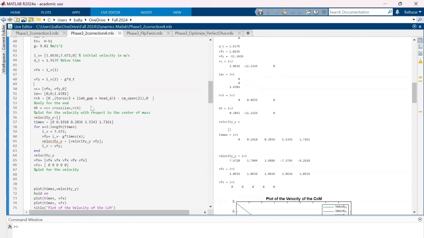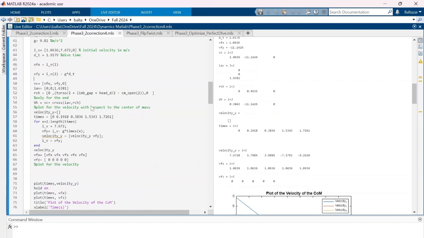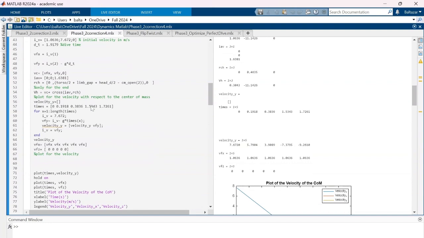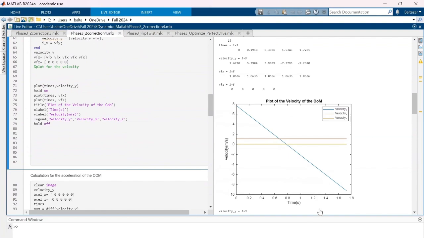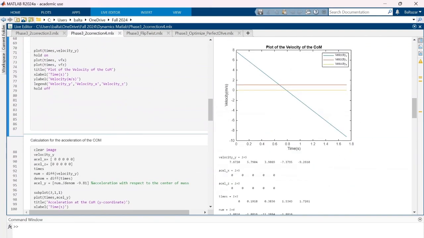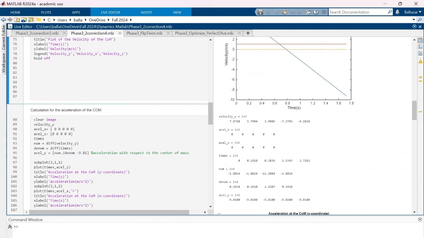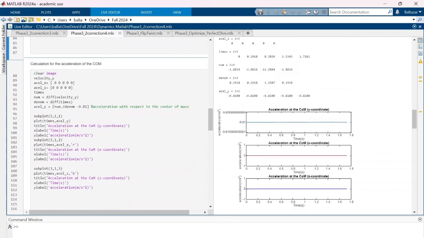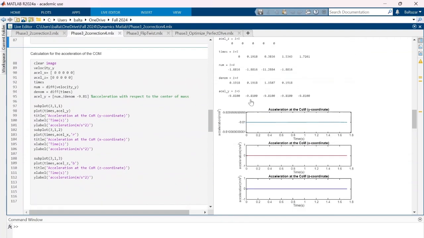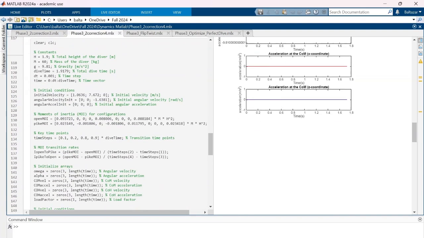And this will cause a decreasing velocity in the y direction, but the x and z directions of velocity are constant, and this can be shown in the graph. And for the acceleration of the center of mass, there will be a constant g throughout the dive, and this can be shown in the graphs as well.